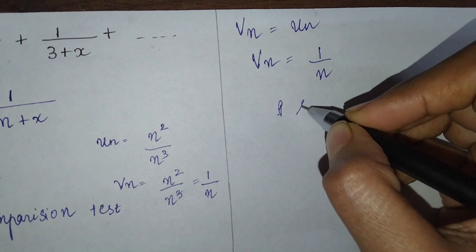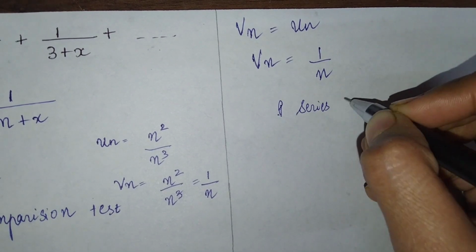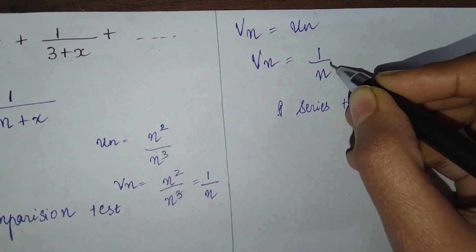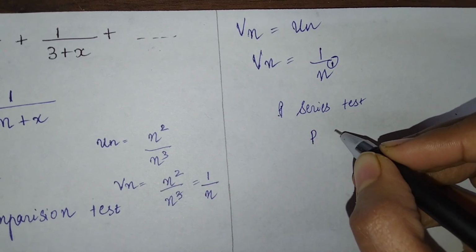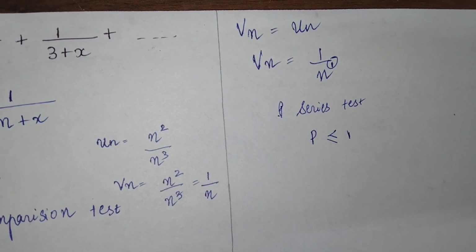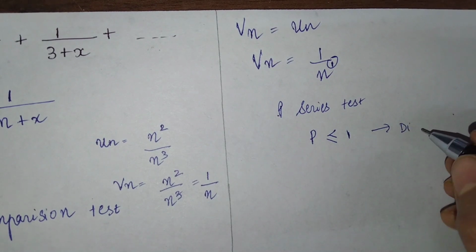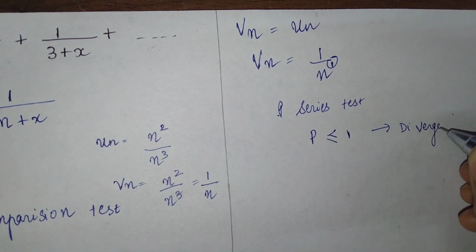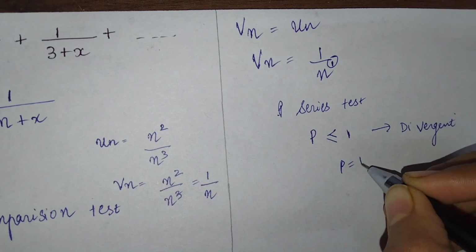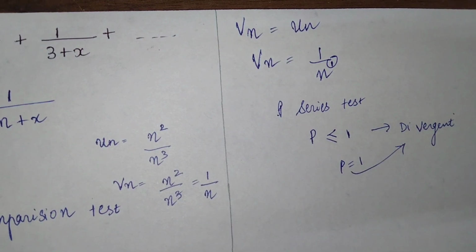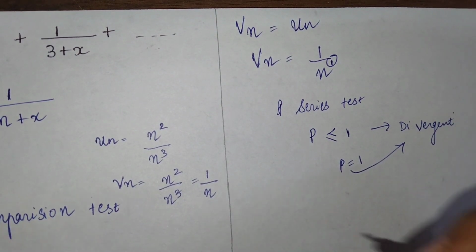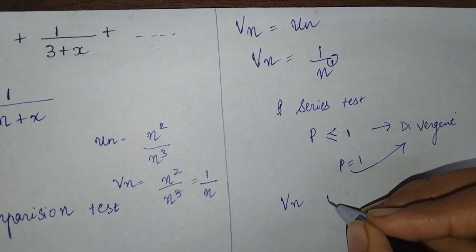And according to P series test, here we have p equal to 1. And whenever P is less than or equal to 1, then its answer is divergent. Okay? When here P is equal to 1, it means it is divergent. So, our Vn will be divergent.